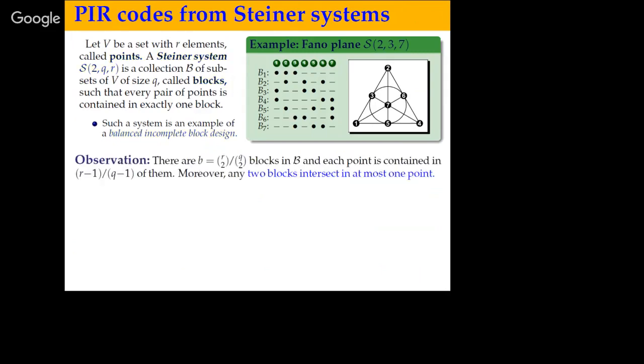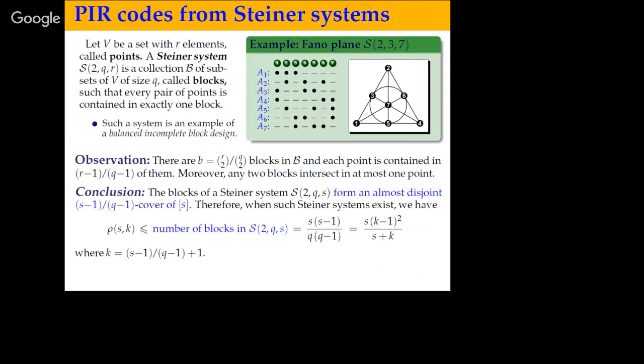Anyway, this is a graphical depiction of the same thing. All right. So now, how would we use Steiner systems to get almost disjoint k covers? Well, that's very easy. Take a look at these blocks. I'm just going to use the blocks as my subsets in my almost disjoint k cover.